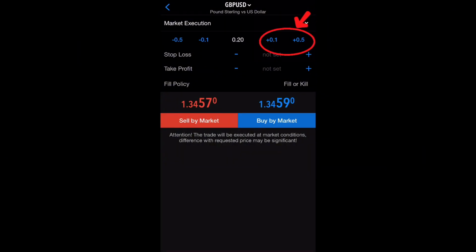Now, if you look at your right hand, you see plus 0.1, plus 0.50 or 0.5. That's what is there. On the left hand side, you see minus 0.1, minus 0.5. That's what is being given. Now, this is trying to tell you that plus 0.1 means you are adding 0.10 lot size. You understand?